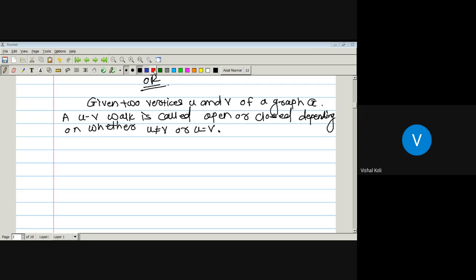Now the next concept is the trail. What is a trail?